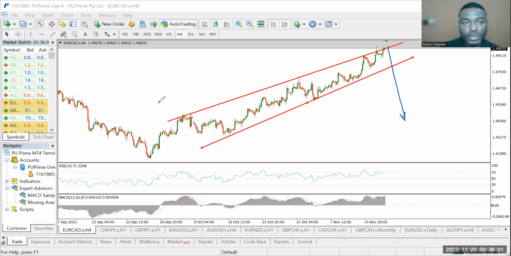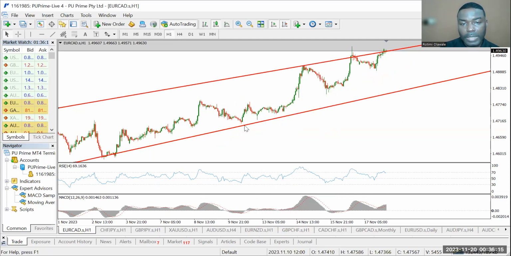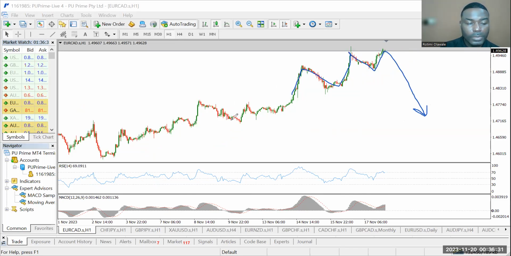Now, if you zoom down to the 1-hour time frame, we have another possible angle to view our expectation on this instrument. We can still view it as a possible head and shoulder pattern, or it can also be viewed as a rising wedge.